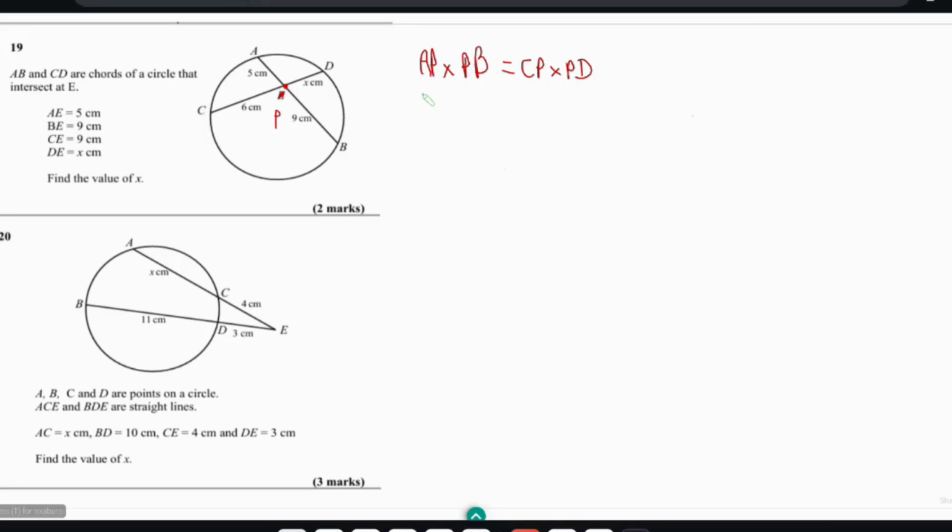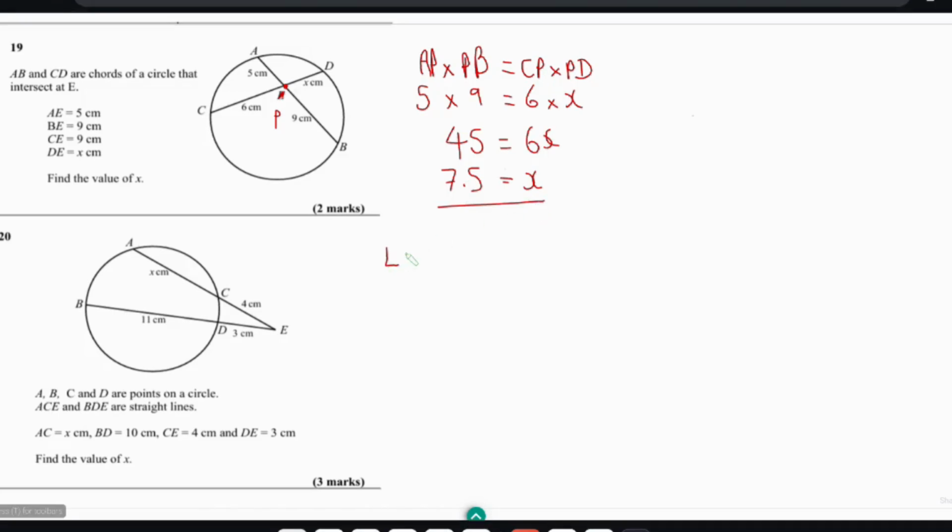AP is 5, PB is 9, CP is 6, PD is x. 45 is equal to 6x. Divide both sides by 6, gives us x is 7.5.